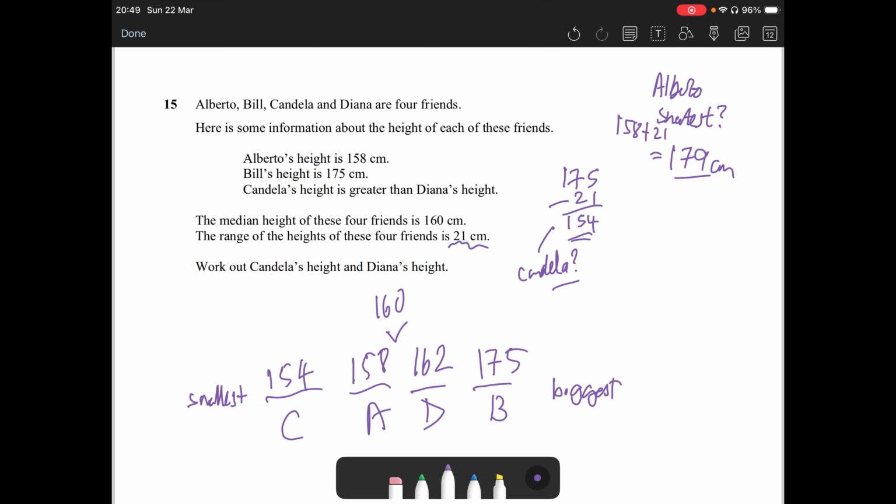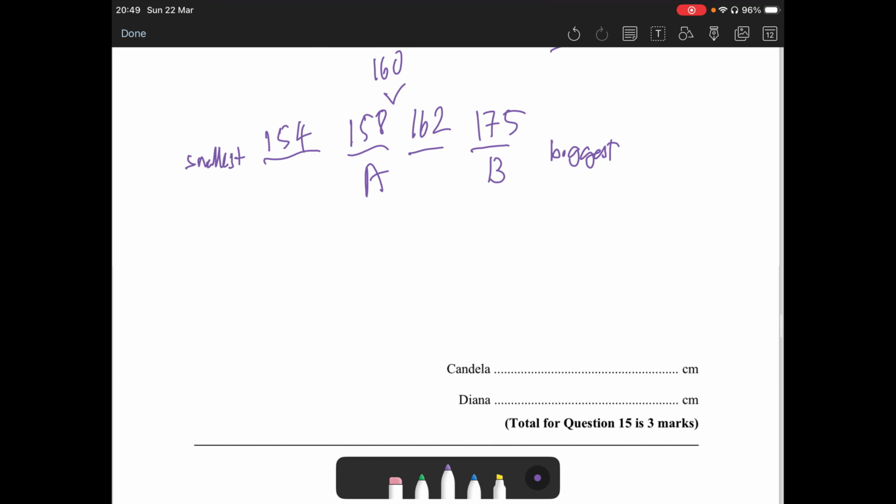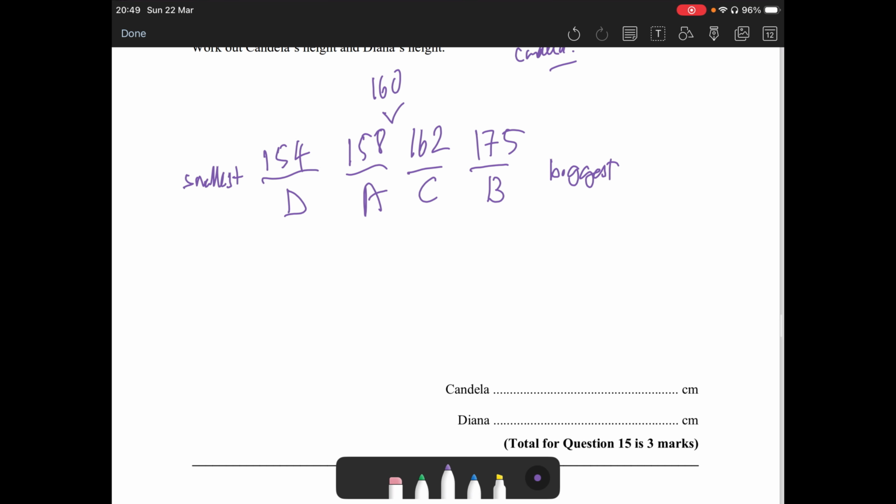Oh my word. Sorry, I got this the wrong way around, people. It says Candela's height is greater than Diana's. So I got my names mixed up. Candela is the taller of the two women, and Diana's clearly the shortest. So yeah, Candela 162, Diana 154.